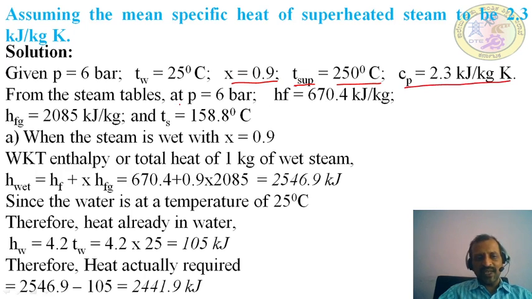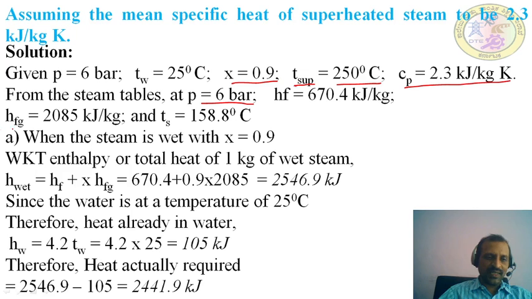So from the steam table again, whoever is having the Kurmi book of steam table, refer page number 11, again the 6 bar pressure. The pressure is given in the first column, refer 6 bar, and along the 6 bar move horizontally. Then you will get HF as 670.4 kilojoules per kg.